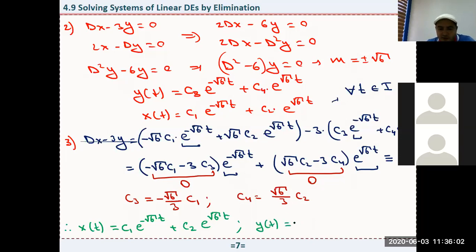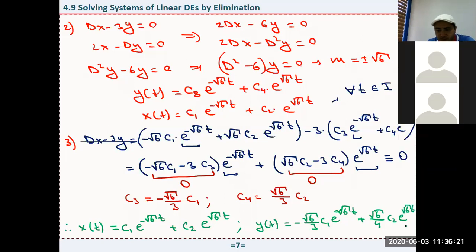Minus square root of 6 over 3 c sub 1 e to the power minus square root of 6 t, plus square root of 6 over 3 c sub 2 e to the power square root of 6 t. That is the solution of this system.